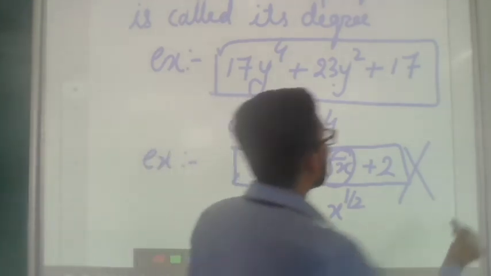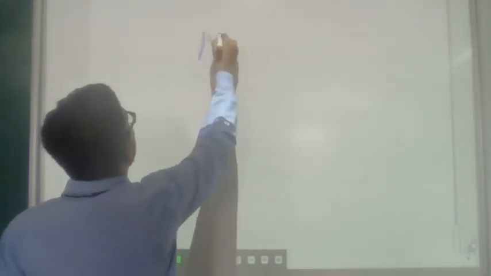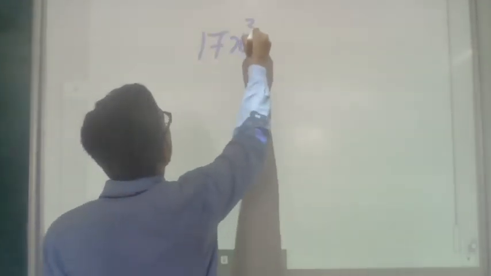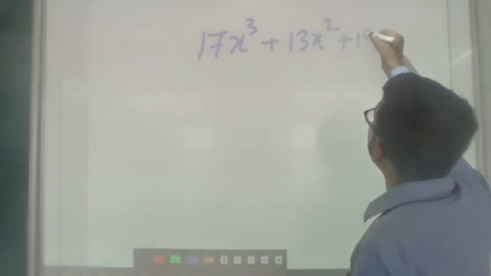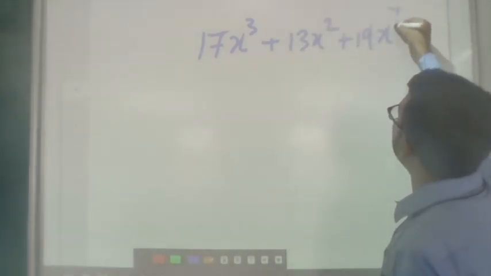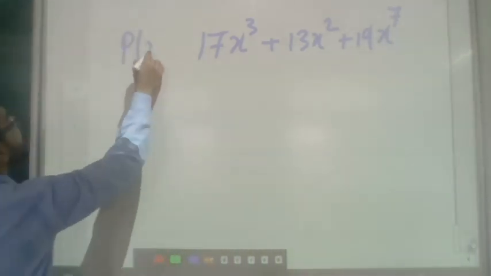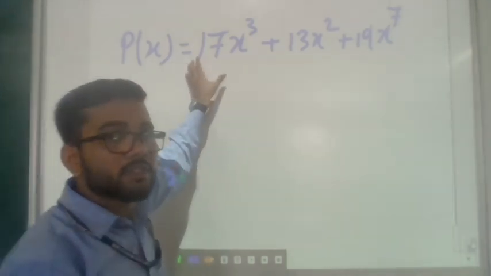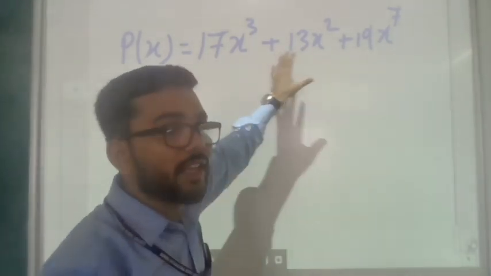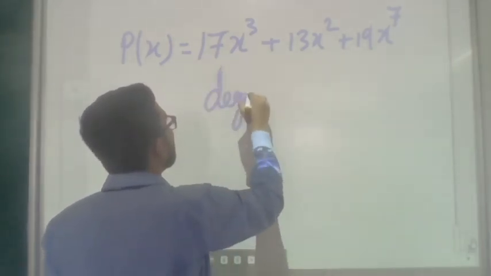Similarly, see the next example: 17x cubed plus 13x squared plus 19x to the power 7. This is a polynomial in x. So what will be its degree?